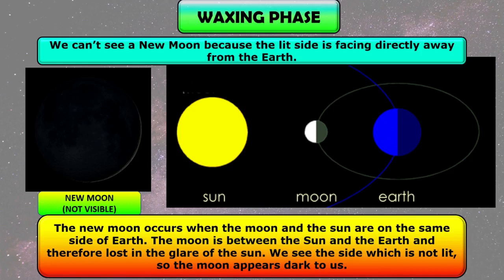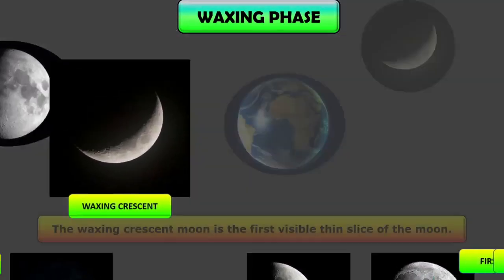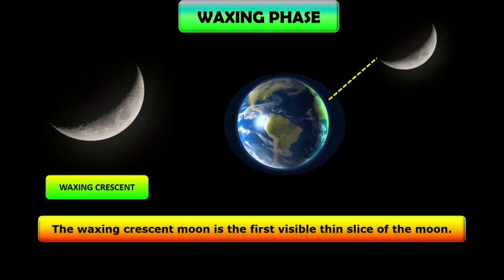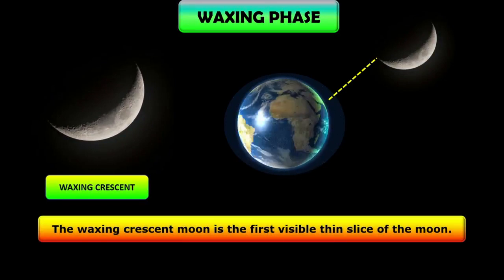Second phase is waxing crescent phase. After a few days, once the moon moves in its orbit, we can begin to see some of the same side of the moon from the earth.